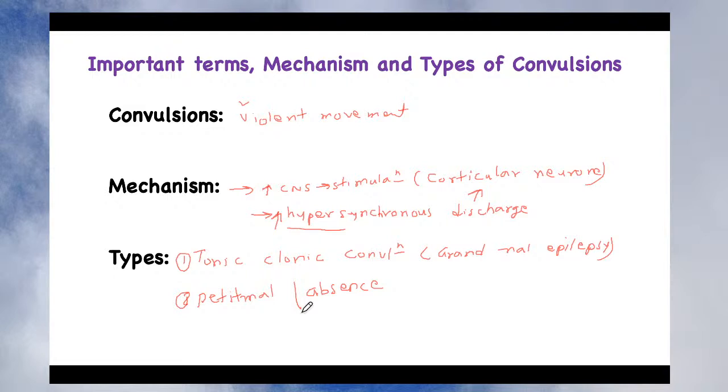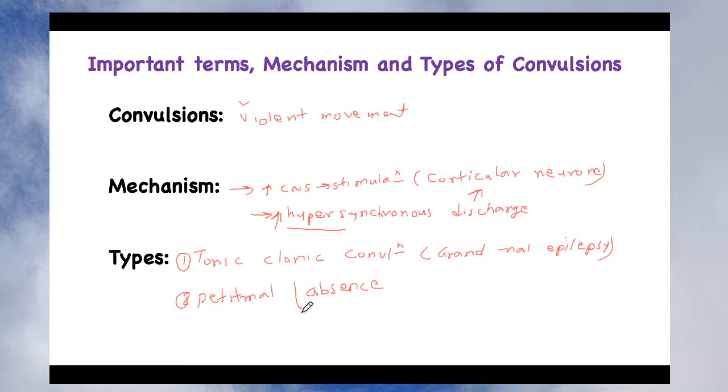If you willingly stop while speaking, based on your willingness, that is not called absence seizure. But if unwillingly you stop in between the sentence, you don't want to stop but suddenly you stop, which is not under your control, then this is a very important indication of absence seizure, or petit mal convulsion.